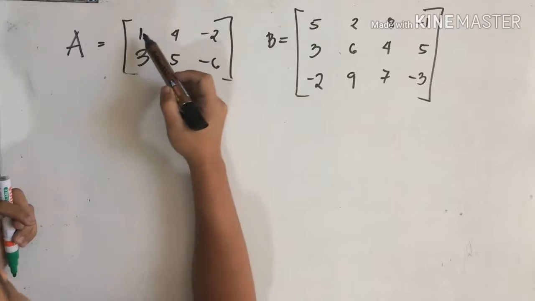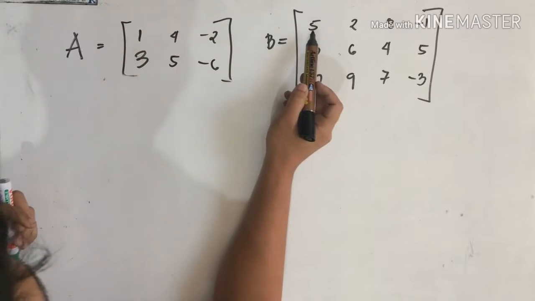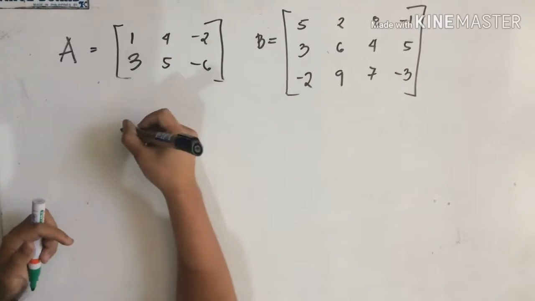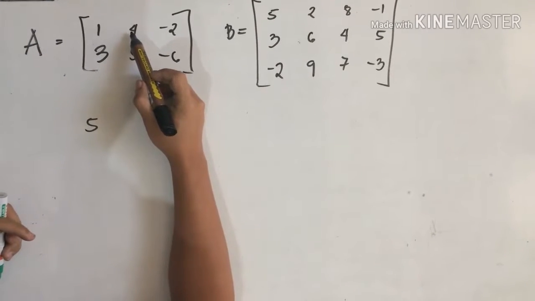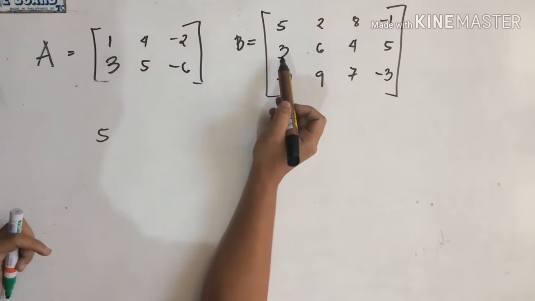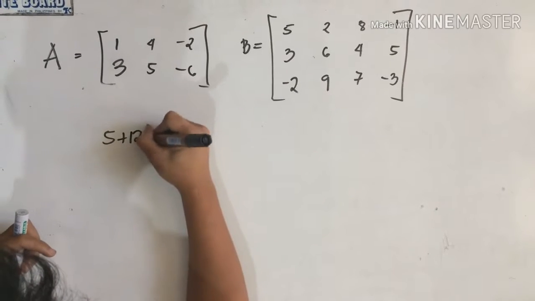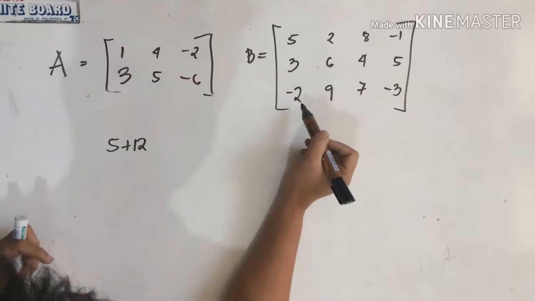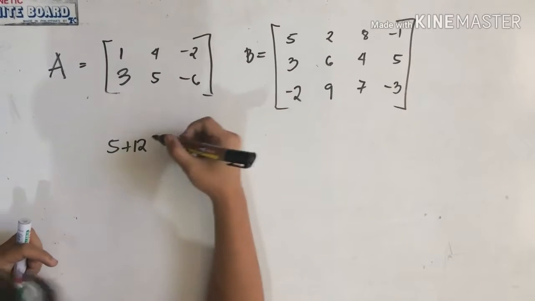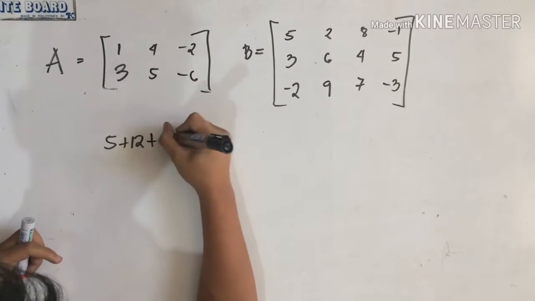So we have 1 times 5, which is equal to 5, and 4 times 3, which is 12, and negative 2 times negative 2, which is 4.